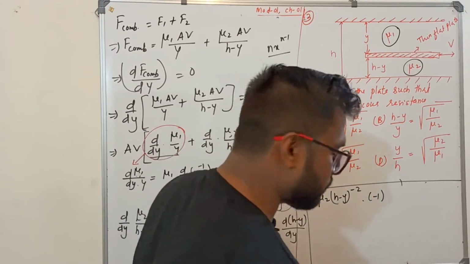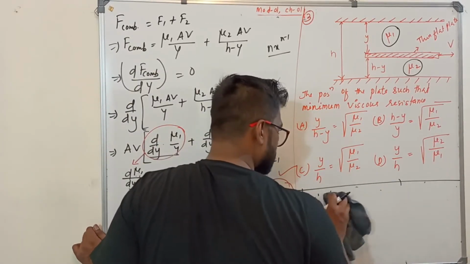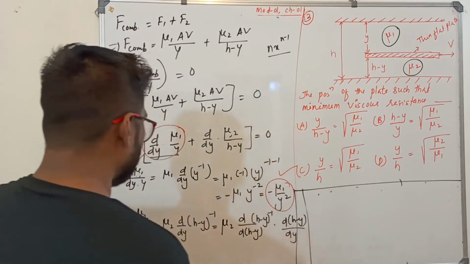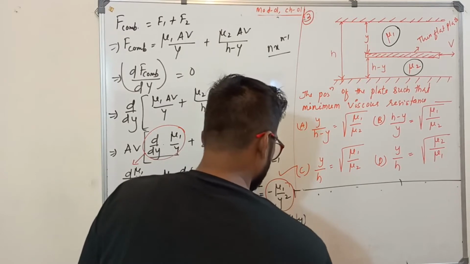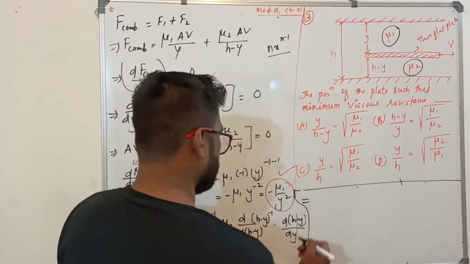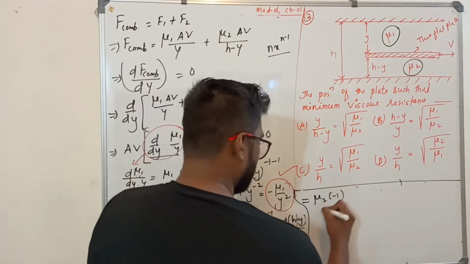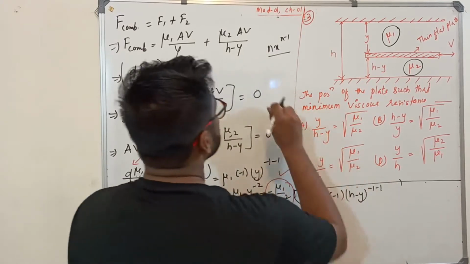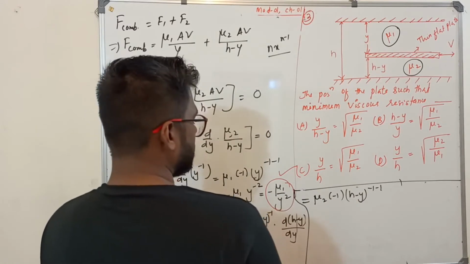Sir, solve it properly. We didn't understand. You have messed up. No, I have not messed up. Okay, I'll solve it again for you guys in detail. See this. So it is equal to mu2, minus 1 into h minus y to the power minus 1, using n x to the power n minus 1, where n is minus 1 and x is h minus y.